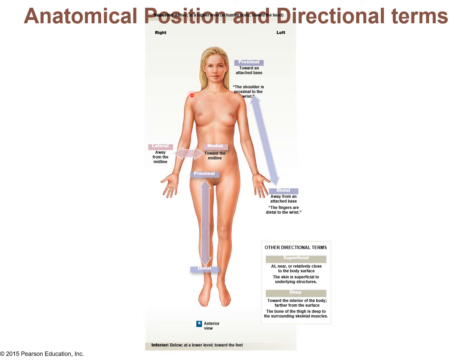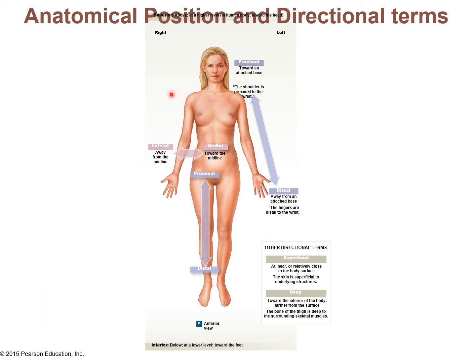So that would be your point of origin. So if I say your shoulder is what to your wrist, your shoulder is proximal to your wrist. Why? Because your shoulder is closer to the point of origin. So your shoulder is proximal compared to your wrist. Your wrist would be distal compared to your shoulder.